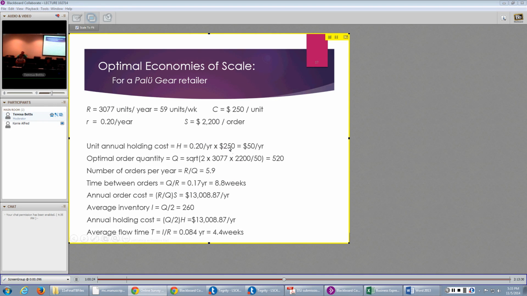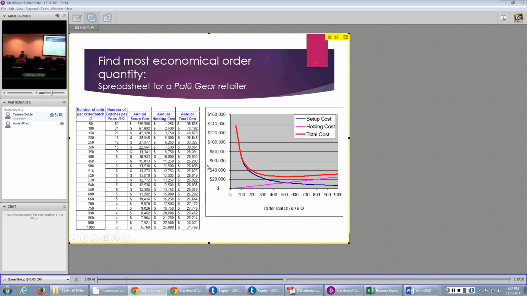The 250 is the unit cost of each. So our optimal order quantity is going to be the square root of 2 times our annual demand times our ordering cost divided by our annual holding cost. So 520. Okay, so we come pretty darn close to what we saw when we looked back here. We came right to that with 520.